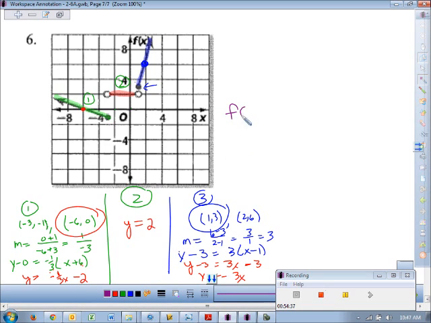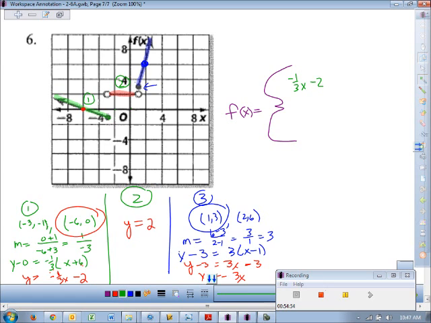f of x equals big old weird bracket thing. Try your best to make it. Top guy in red, sorry, it's a green one. It's my green piece. I got negative 1/3 x minus 2. Correct? Restrict the domain on that piece for me.